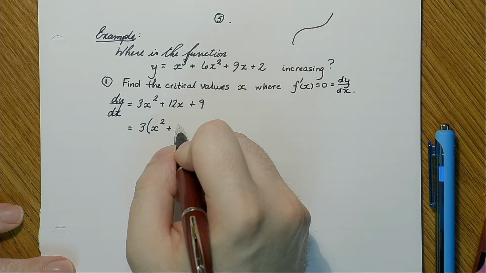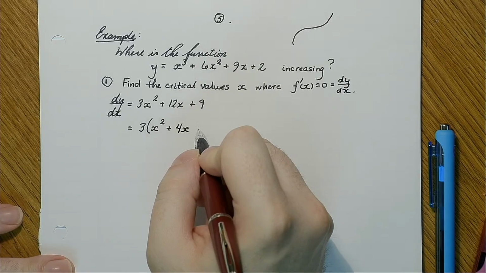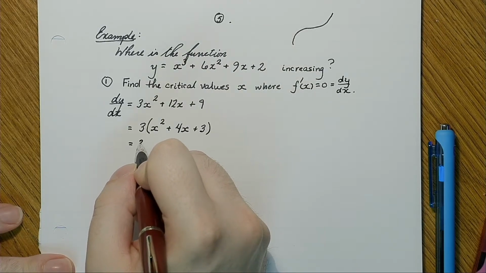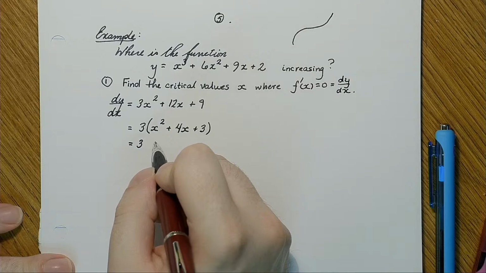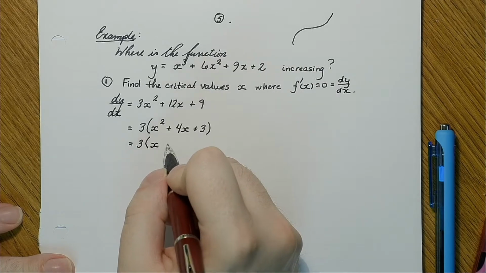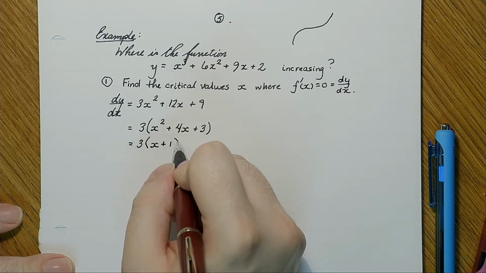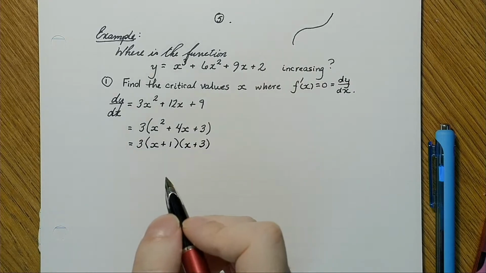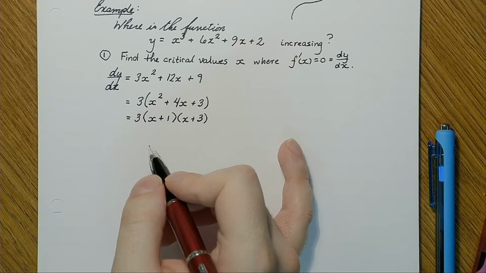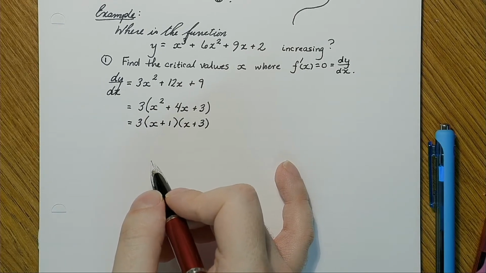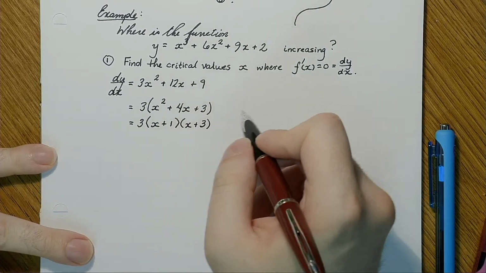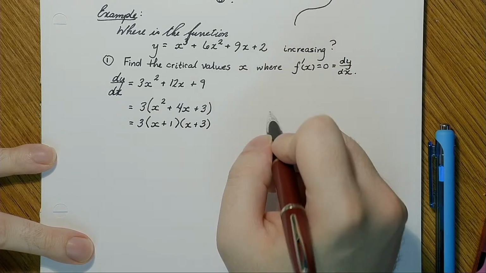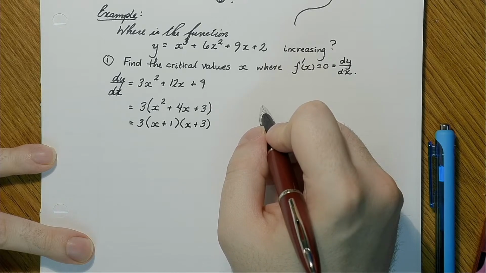I'm going to factor this out, and again, I mean factor it. So what we need to do to find the critical values is where it equals 0.